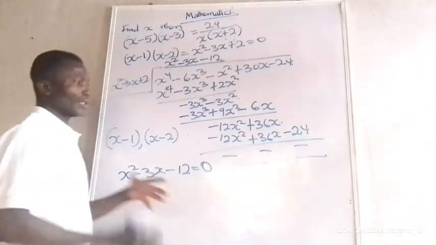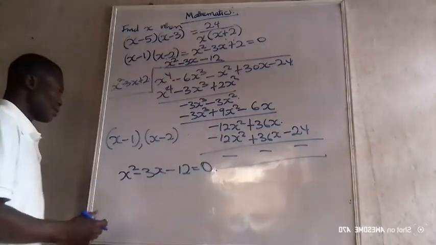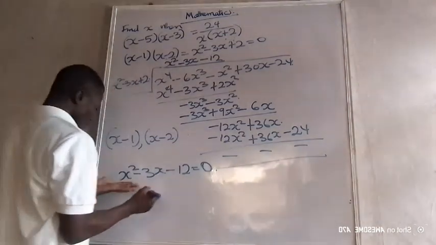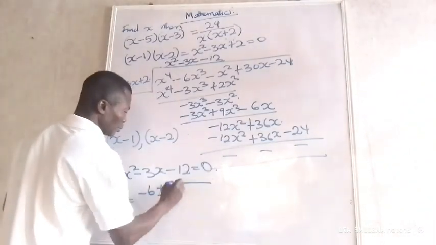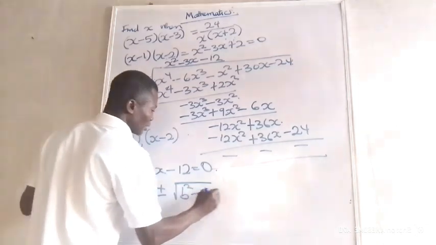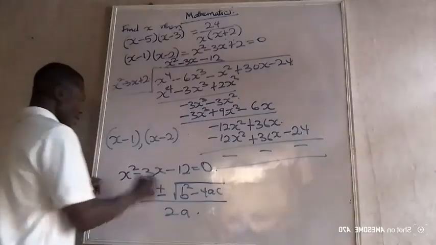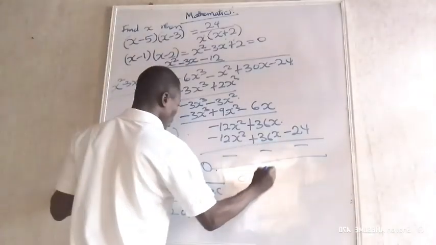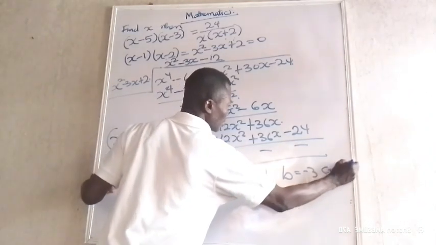To find this, the easiest way is to use the quadratic formula. Here we have x is equal to minus b plus or minus root b squared minus 4ac over 2a. And here a is equal to 1, b is equal to minus 3, c is equal to minus 12.